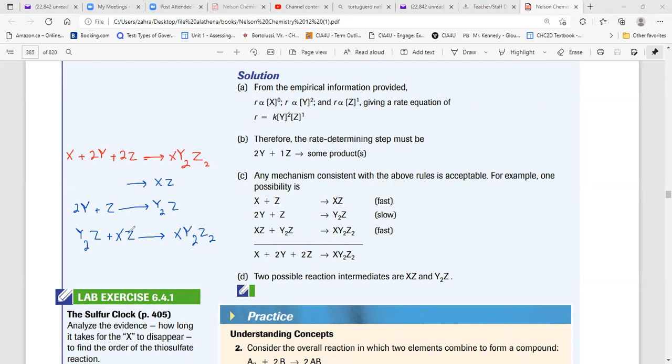And here is the place it's consumed. So having that means X plus Z gives you XZ, right?